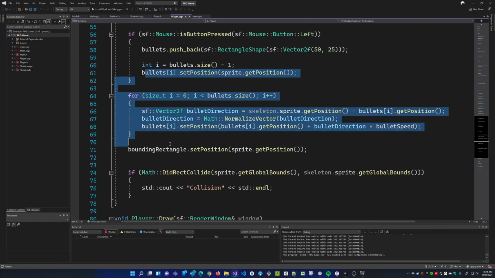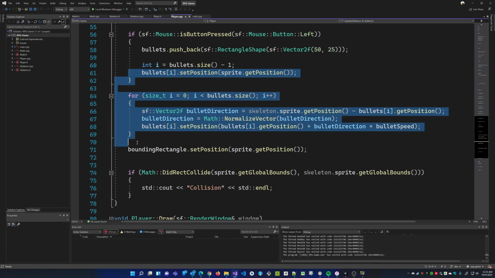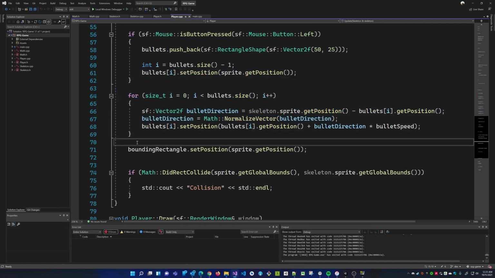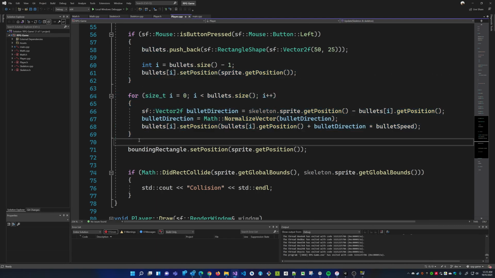The more I execute this code, the faster the bullets are gonna move. The slower my frame rate is, the less I execute this code, and the less I execute this code means the slower my bullets are. And this is really bad because you don't want your game or movement speed to be tied to your frame rate. You want those two things to be completely independent.